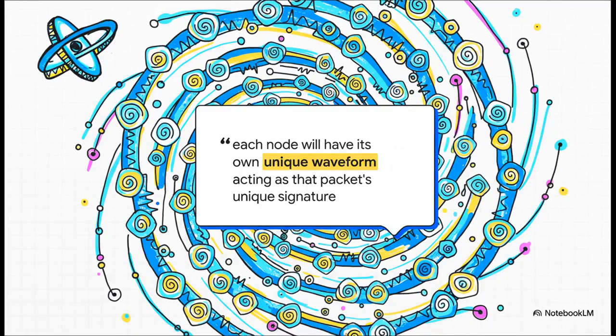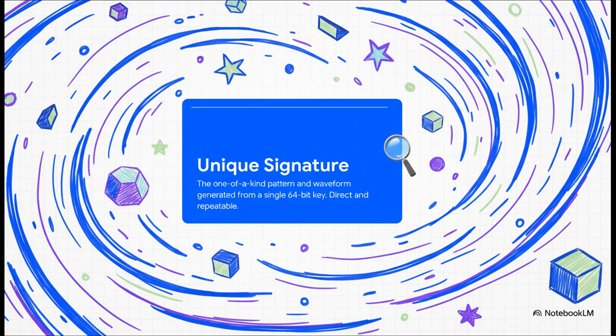This source material really puts it perfectly. It says that each node will have its own unique waveform, and that acts as the packet's unique signature. So what that means is each key doesn't just create some static image, right? It generates a unique waveform, and that waveform becomes its unmistakable fingerprint, its signature. So here's the really crucial part.